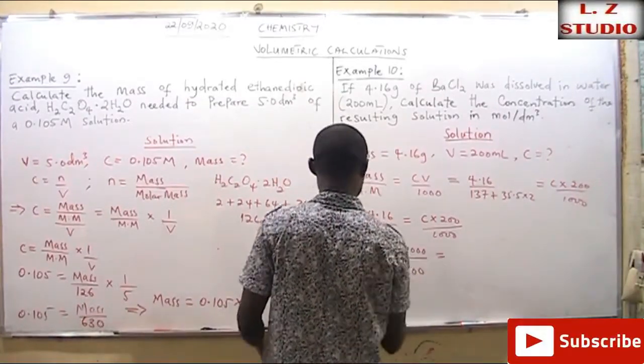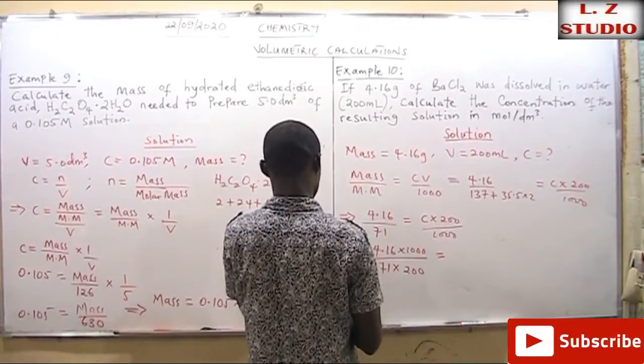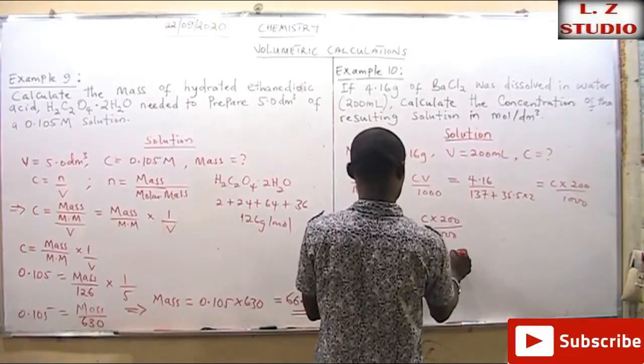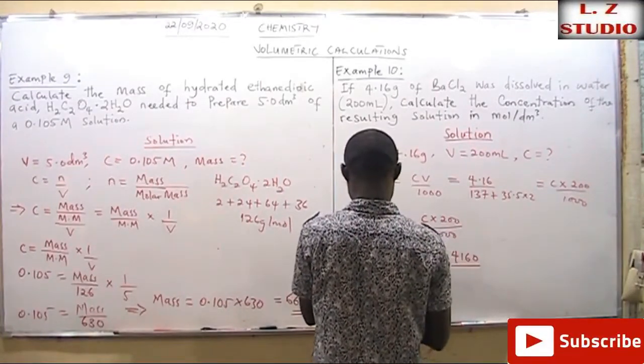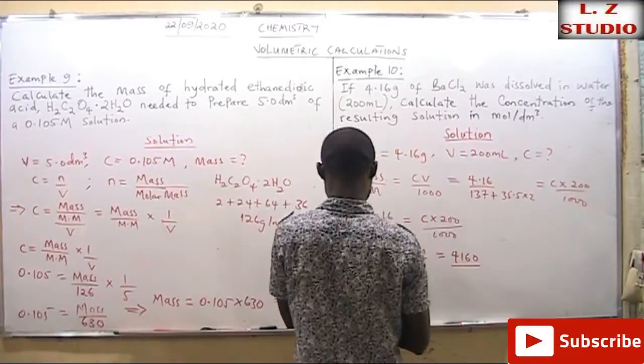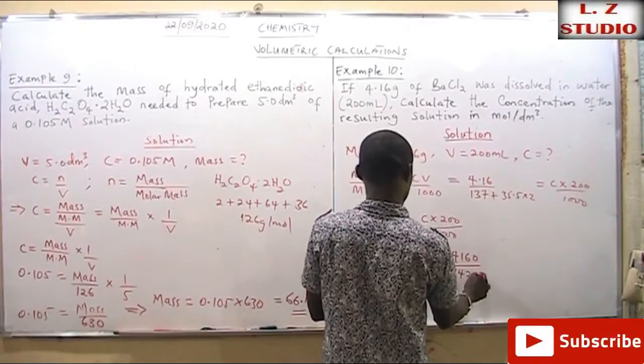Okay. So in this case we have 4.16 times 1000. So this gives us 4160 divided by 71 times 200, which is 14,200 here.